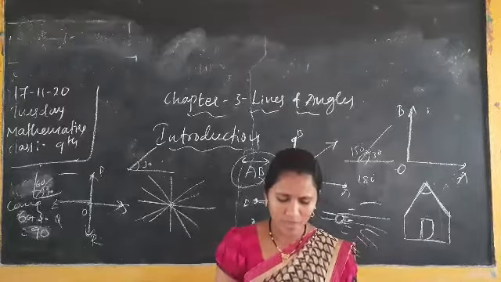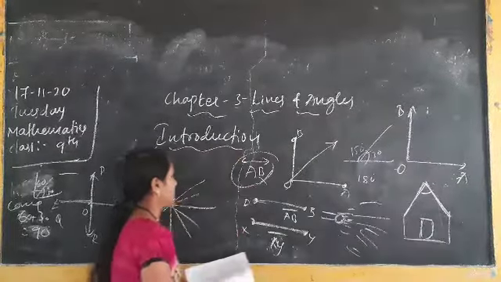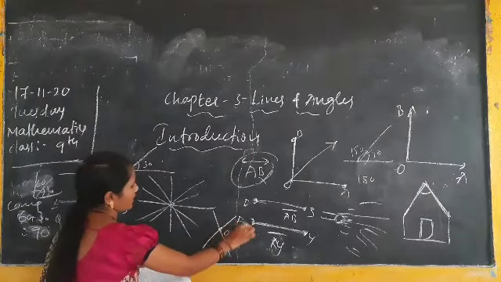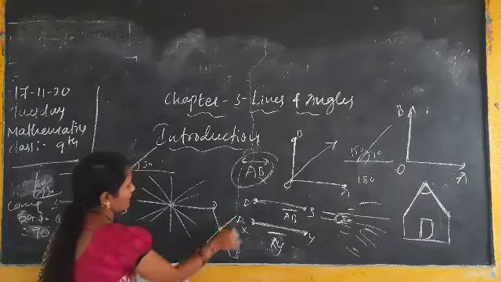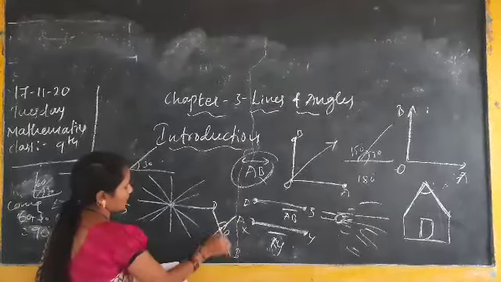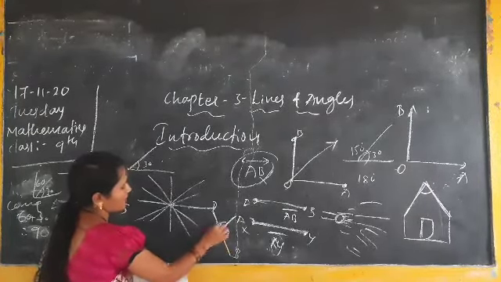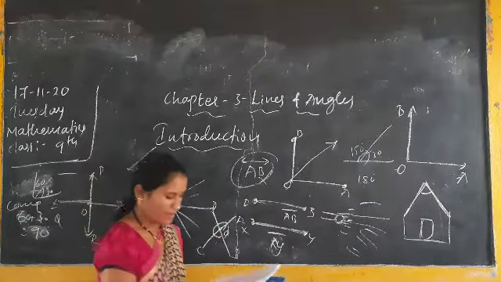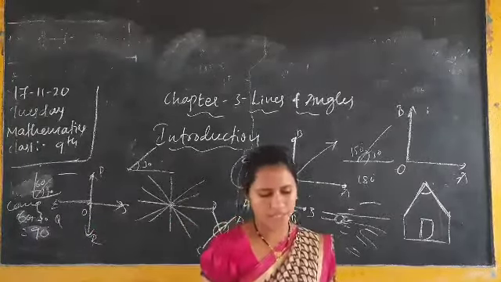Next, vertically opposite angles: taking O, A, B, C, D, AOD is an angle, BOC is an angle. These two are opposite. Next, DOC and AOB, these two angles are vertically opposite angles.